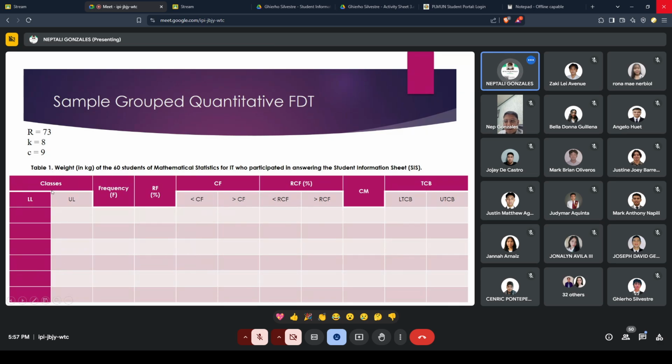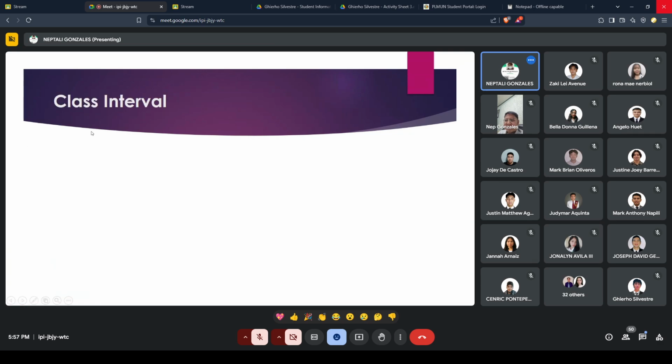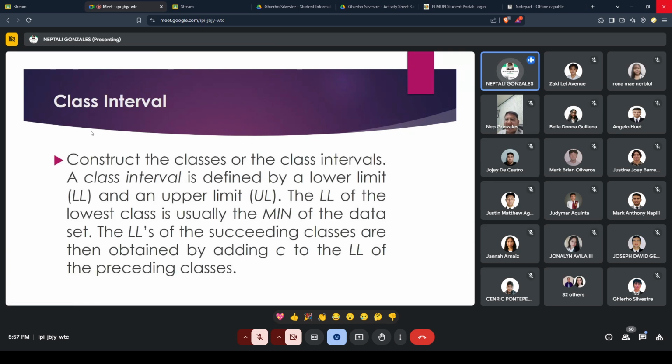So a class interval is defined by a lower limit, LL, and an upper limit, UL. The lower limit of the lowest class is usually the minimum of the data set. The LLs of the succeeding classes are then obtained by adding C to the LL of the preceding classes.